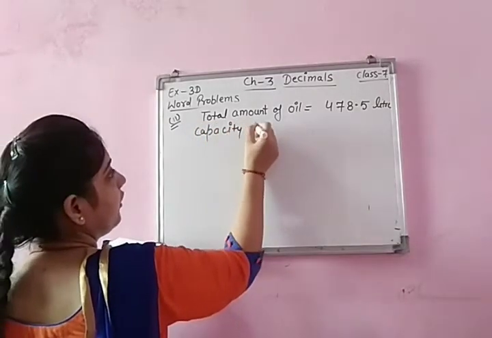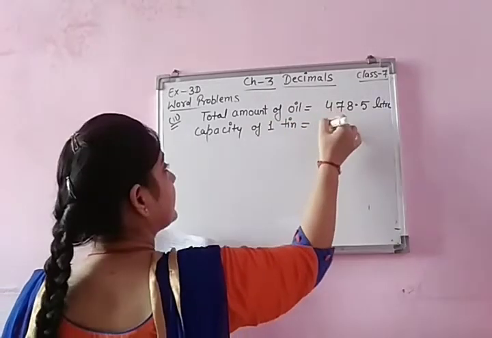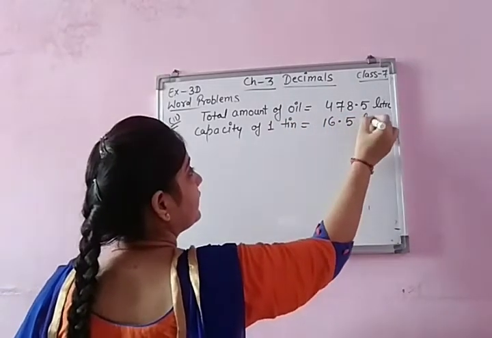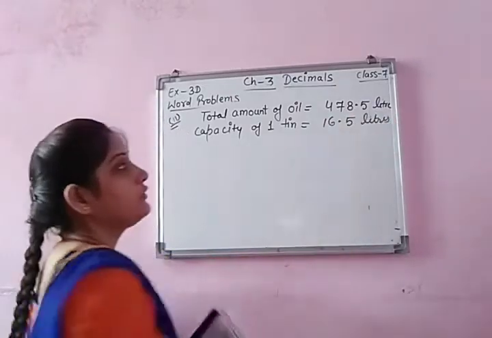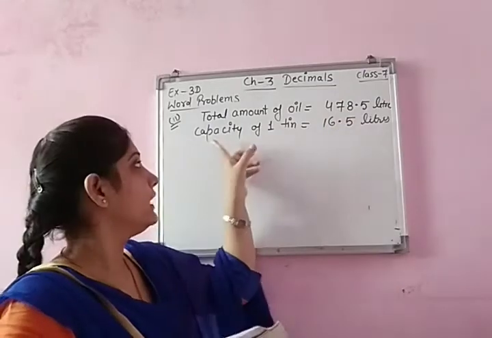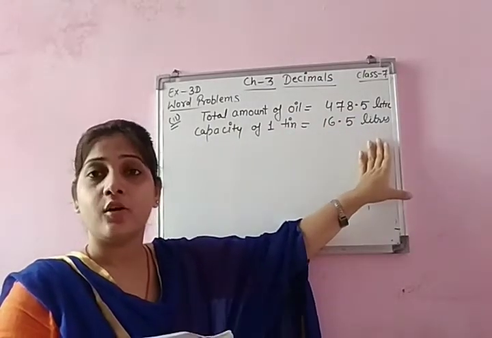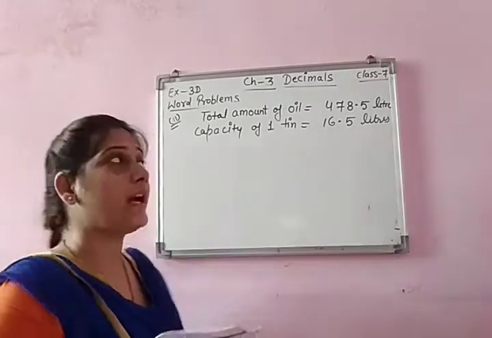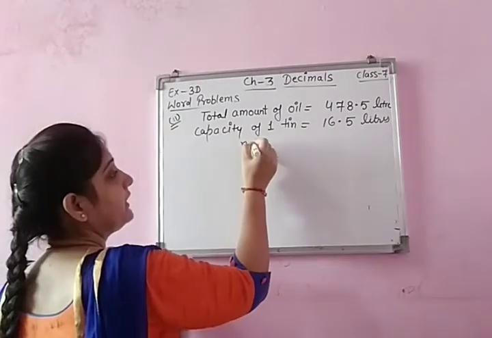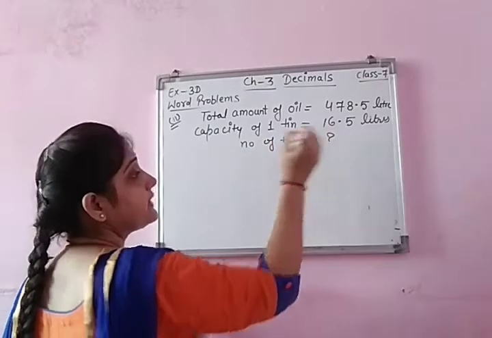Capacity of 1 tin. What is the capacity? 16.5 liters. So children, two things are given. Total amount is given. Amount of 1 tin is given, that how much oil fits in 1 tin. So now you have to tell how many tins are required. You need to calculate the number of tins.